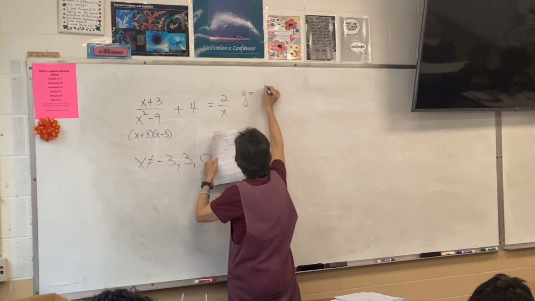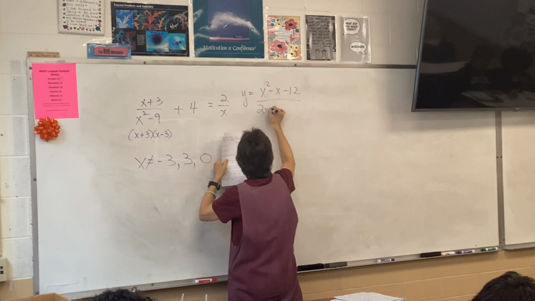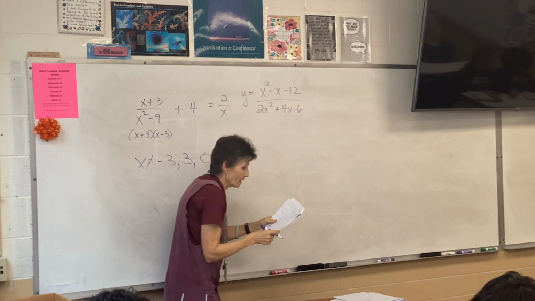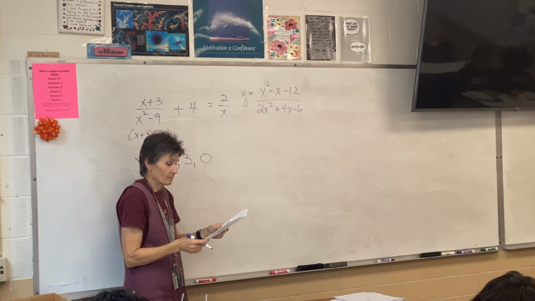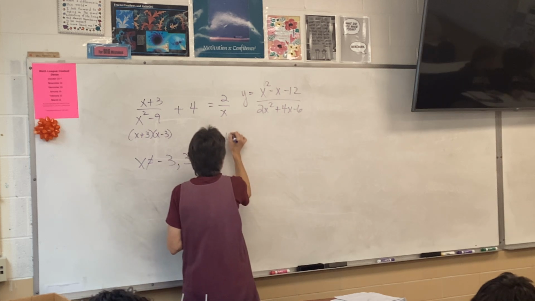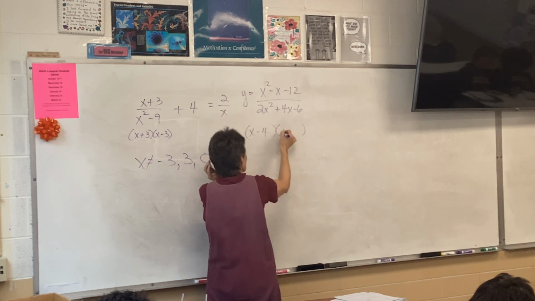All right, here we go. How are we gonna start? You can factor. Factor everything, so the top factors as X minus 4 times X plus 3.